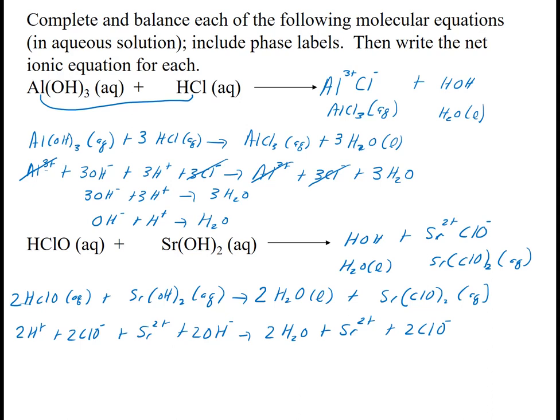I cross out the ClO minuses and the Sr 2 plus, so I'm left with 2 H pluses plus 2 OH minuses goes to form 2 waters. And again, all these are 2 coefficients, so the correct answer would be H plus plus OH minus goes to form H2O. And you'll notice that this net ionic and that net ionic are the same, and most of your neutralization reactions are going to have this, but not all of them.